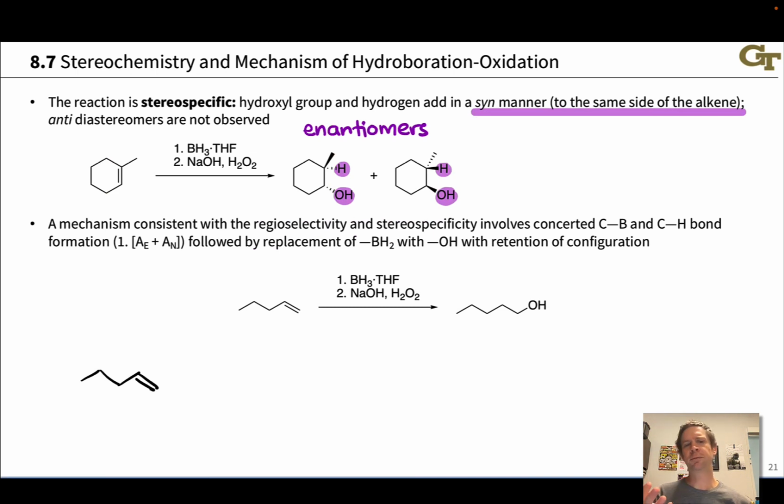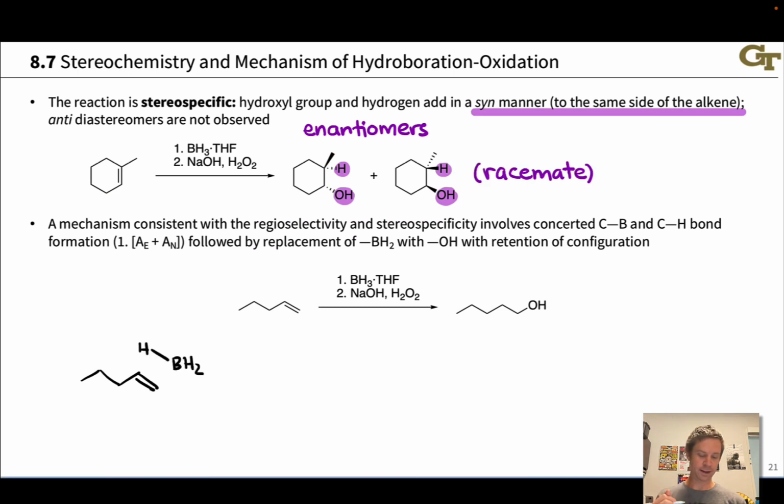So a mechanism consistent with the regioselectivity, anti-Markovnikov, and this syn stereospecificity involves a first step where bond formation between carbon and hydrogen and carbon and boron is concerted. So both bonds are forming at the same time via electron flow from the BH bond to the alkene and from the alkene to the boron.